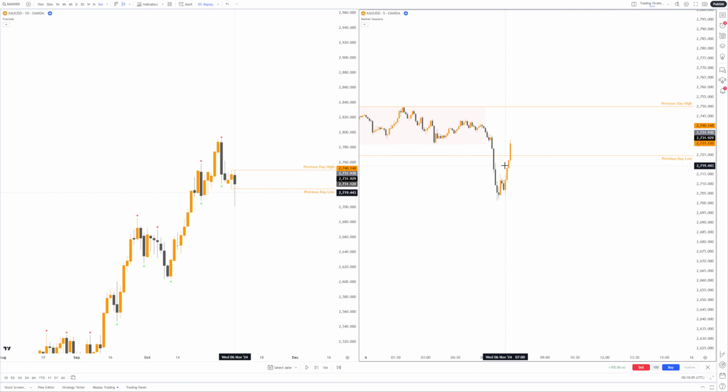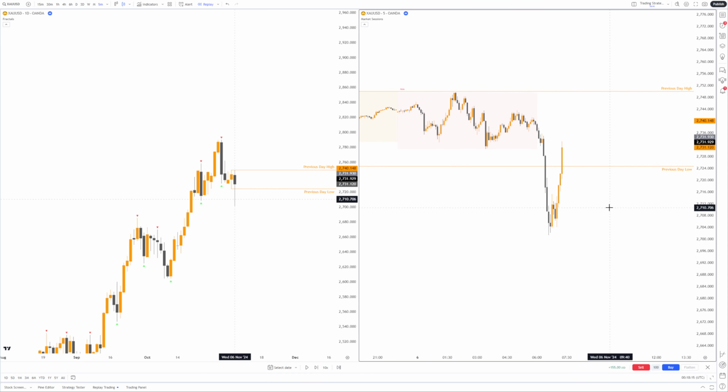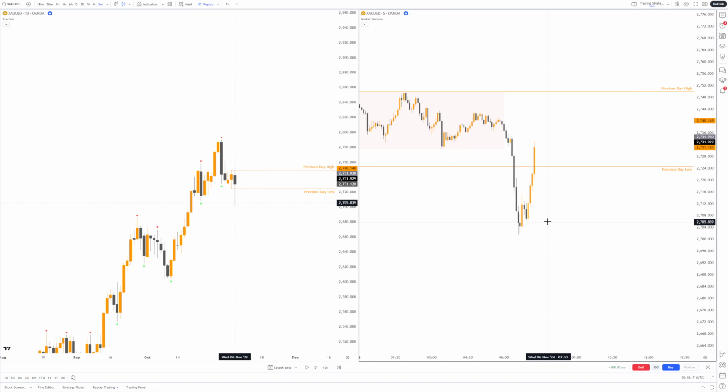Now, because the swing is so low and it's pulled back up so much, this may well be a low probability setup, and the stop loss will most likely need to be down here. But nevertheless, let's go for it. Let's place our stop loss below there and see how it plays out.